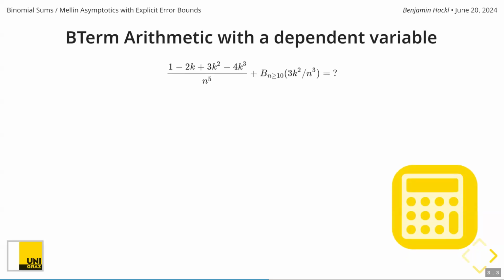One thing, and this is the one example that I want to briefly discuss: how does arithmetic like this work now? It actually relies on really crude estimates, because that's all I had time to implement so far. If you want to add this guy and this guy, the first thing we have to check is, can this b term here absorb this exact term? Just from looking a little bit, there's an n cubed here, there's an n to the 5 here.